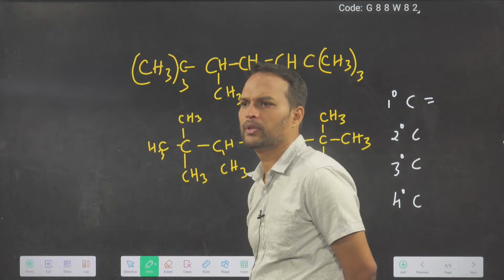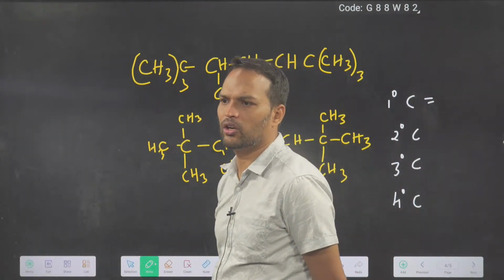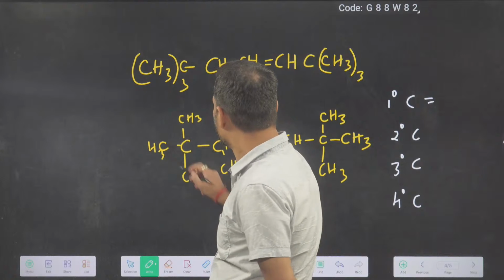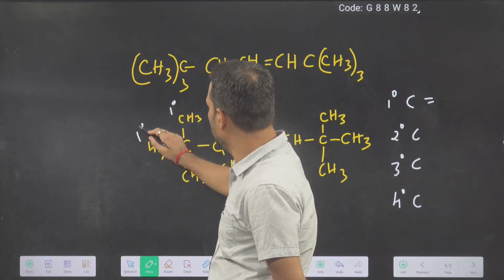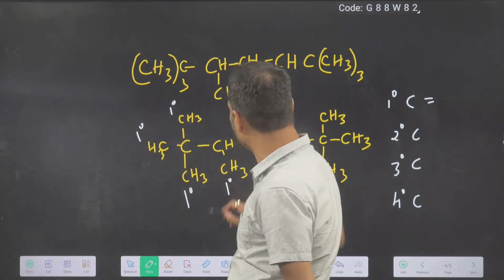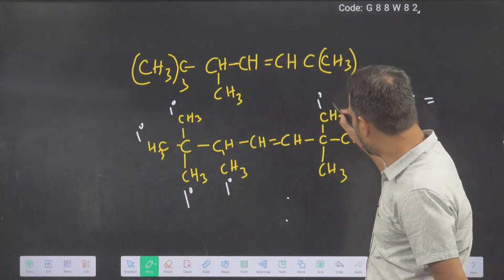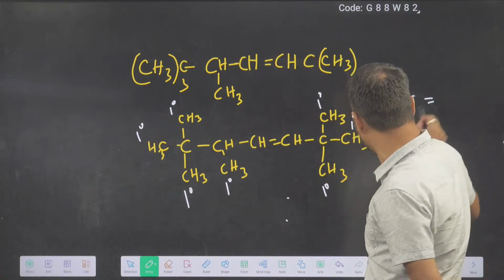You will say, sir, this one 1 degree, 1 degree, 1 degree, 1 degree. Many people are missing this one. 1 degree, 1 degree, 1 degree, 7.